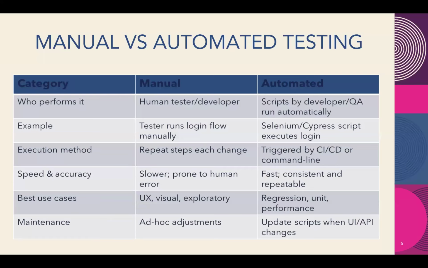Let's do a quick comparison between manual testing and automated testing. Manual testing is when a person runs a program, interacts with it, and verifies results by hand. For example, if we were testing a web application or a web page, we'd click through the web page, and we pretty much get human feedback. Automated testing replaces these repetitive checks for code.